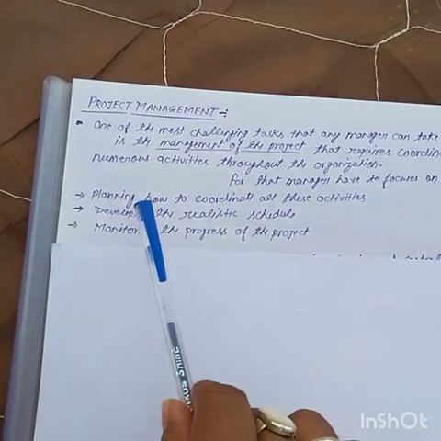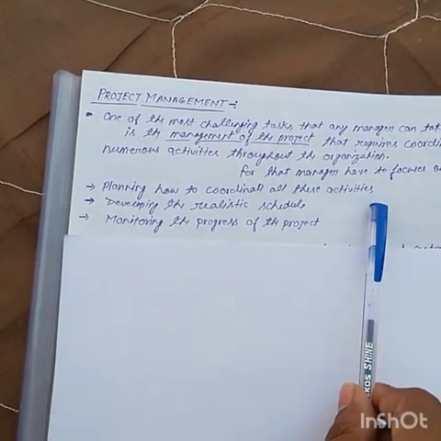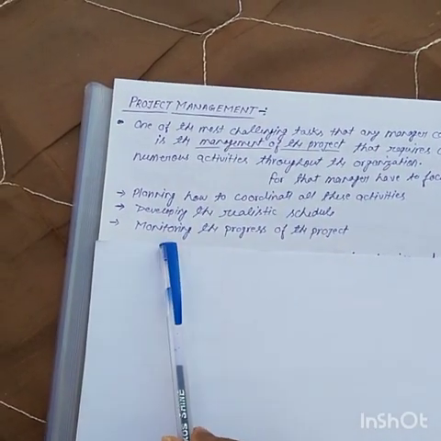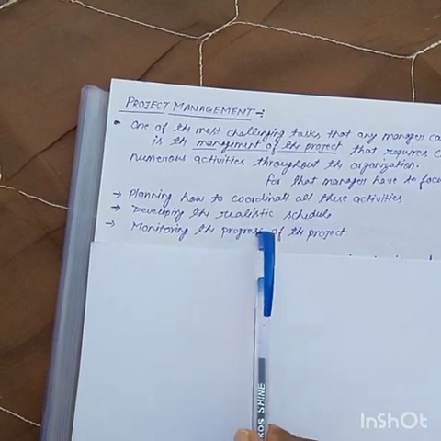The very first is planning how to coordinate all these activities. Next, developing a realistic schedule, and the third is monitoring the progress of the project.